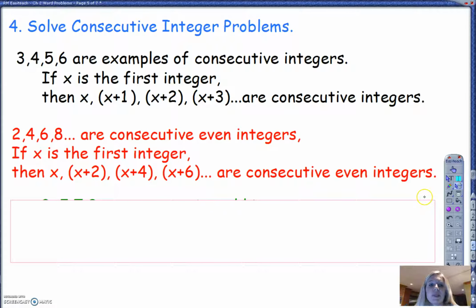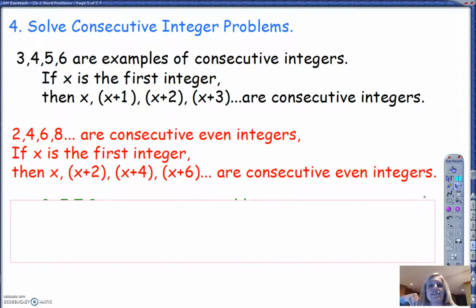If we're talking about even consecutive integers, 2, 4, 6, 8, those are your even numbers. They're consecutive because we're going in a row. x is the first integer, then we would do x plus 2 because we're going up by 2's here. x plus 4, x plus 6, and so on.